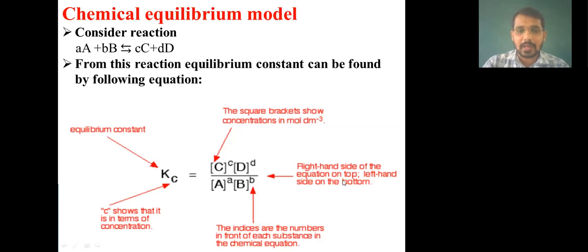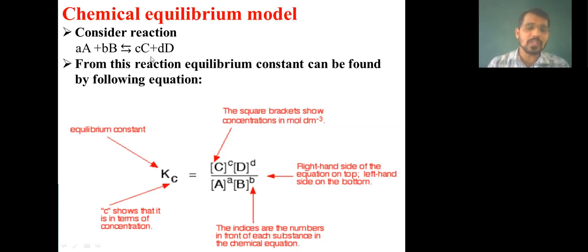And lastly, the right hand side of the equilibrium equation is on top, and the left hand side is at the bottom. Here we have written the concentrations of C and D, which is nothing but the right hand side of this equilibrium reaction, and at the bottom we have written the concentrations and stoichiometric coefficients of the reactant side, that is the left side of the reaction.